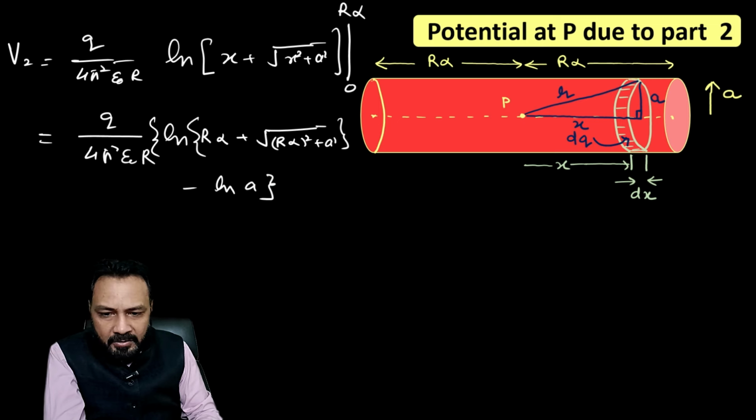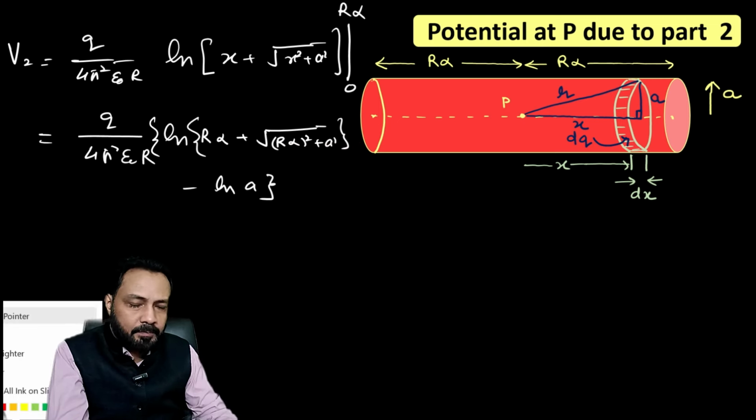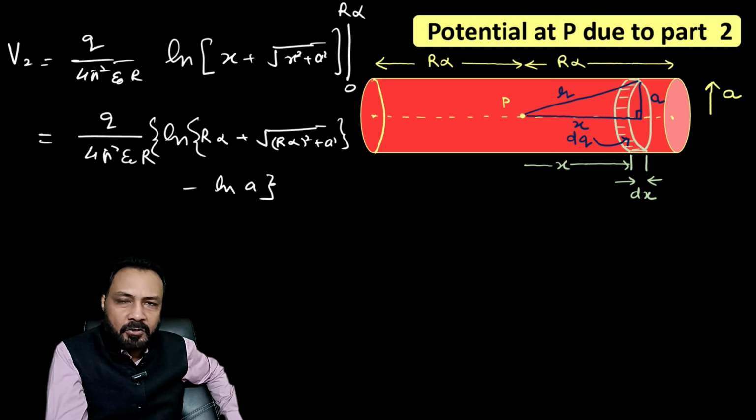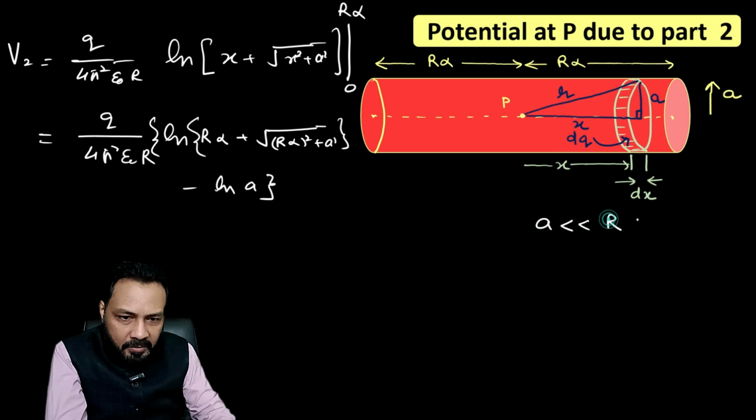And here we'll take this approximation. This a is very small. We have chosen a so small, that was our compulsion to make the charge distribution uniform. So a can be neglected in comparison to r alpha.